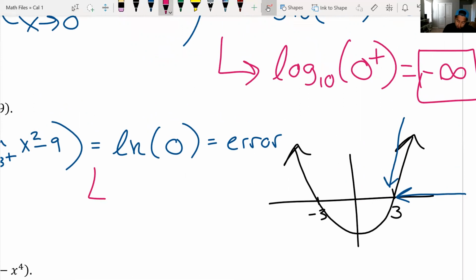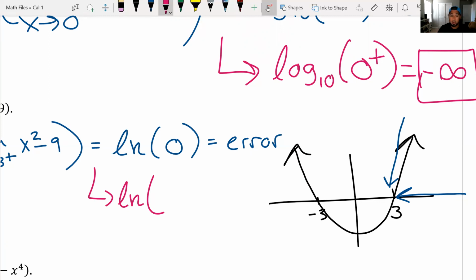So that quick fix would just say, well, here's the best way to word it. As x approaches 3 from the right, my y values of x squared minus 9 start to approach 0, right? But since we can't plug 0 into the log function, we have to assume that as the inside function gets closer to 0, our limit approaches the natural log of 0 from the right.